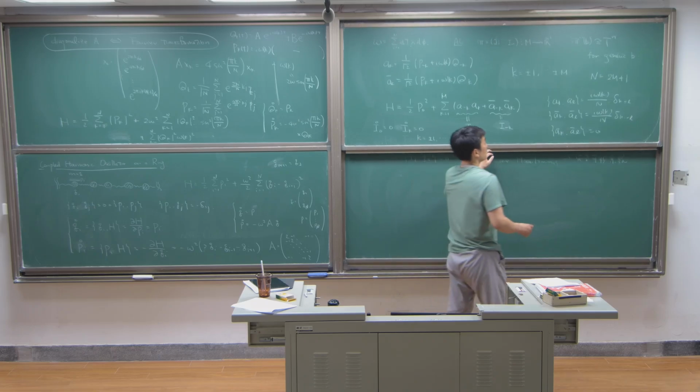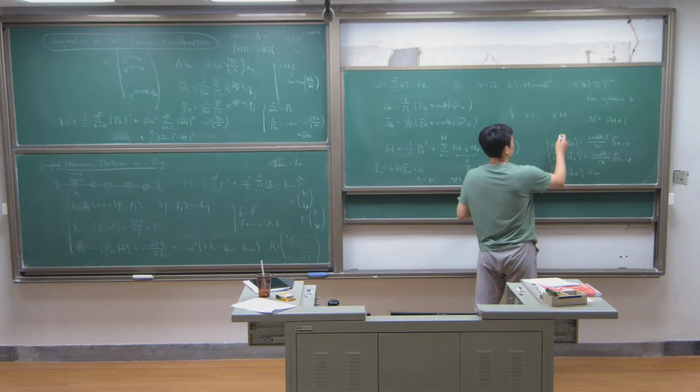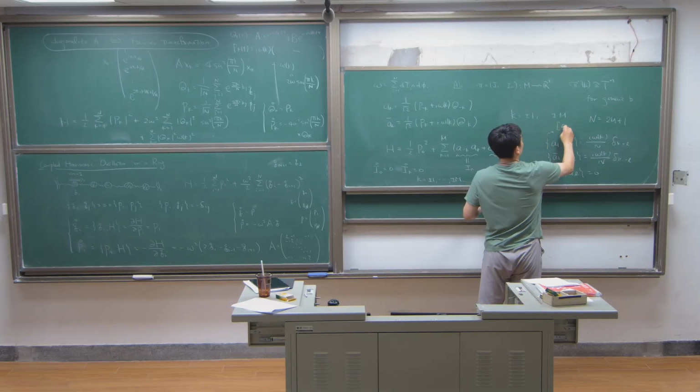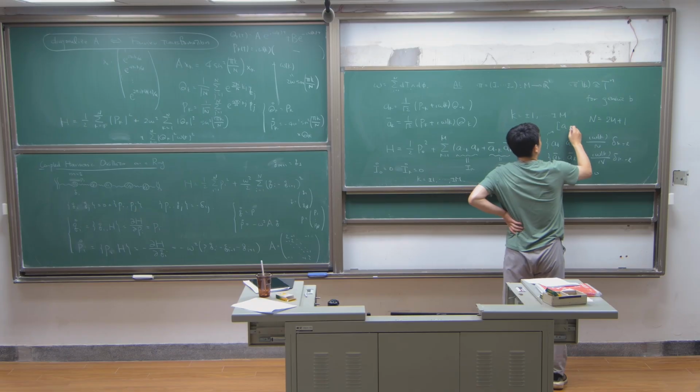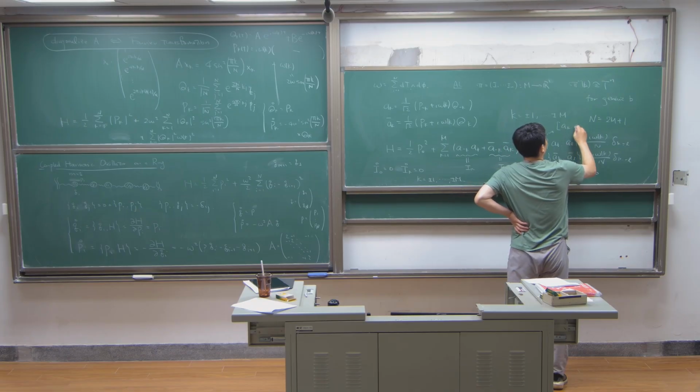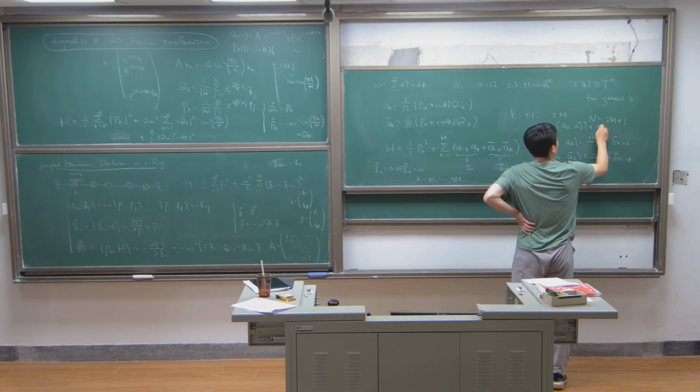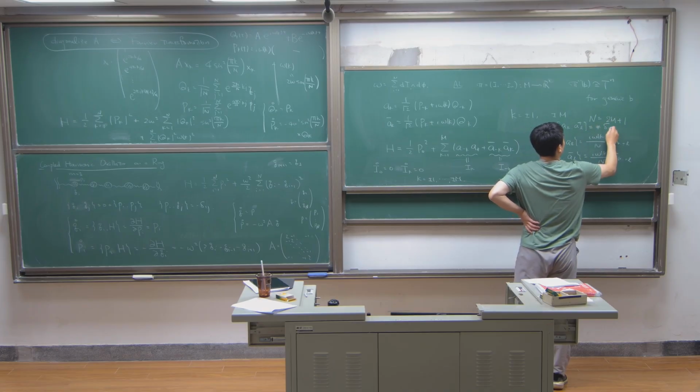So for instance, if you quantize it, you can have a_k and a_L with commutator equal to some number times delta_kL.